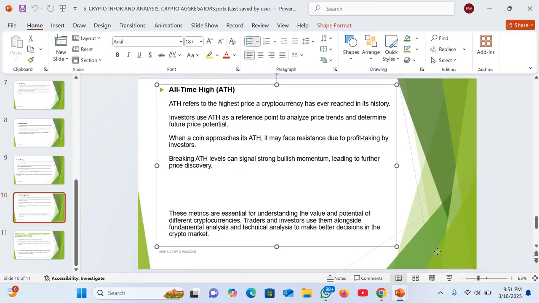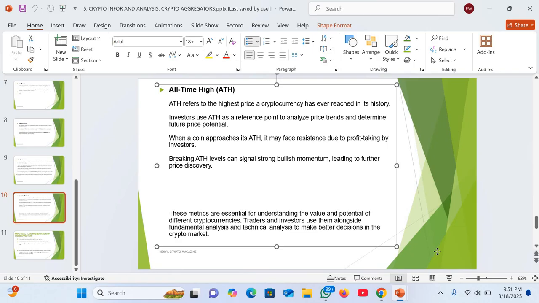Another thing that I want us to cover tonight is all-time high. Bitcoin hit an all-time high of around 109,000 in the month of January. That means everyone who was holding Bitcoin in January was in profits.